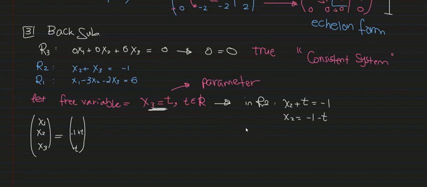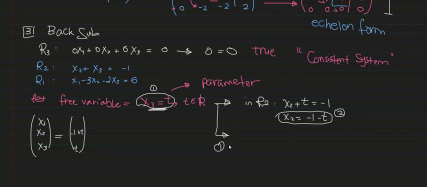Okay, now let's move to row 1. Take this equation and the previous one as well, this output and that one. So this is 1 and that is 2.